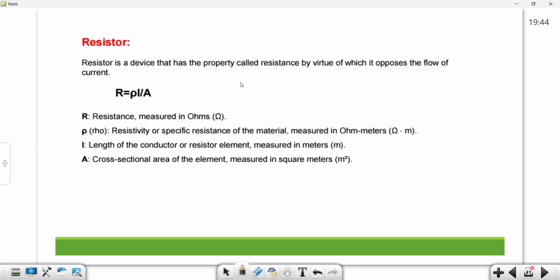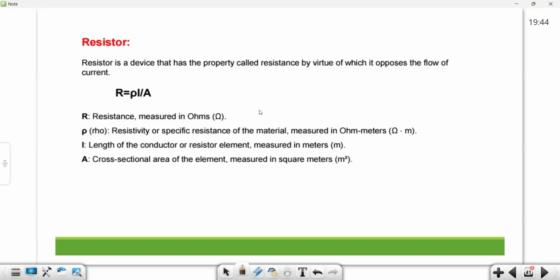The formula is R equals rho L by A. Rho is the resistivity of a material or specific resistance of a material, measured in ohm meters, and L is the length of the conductor measured in meters. A is the cross section area of the element measured in square meters. And resistance, you all know, is measured in ohms. Fine.